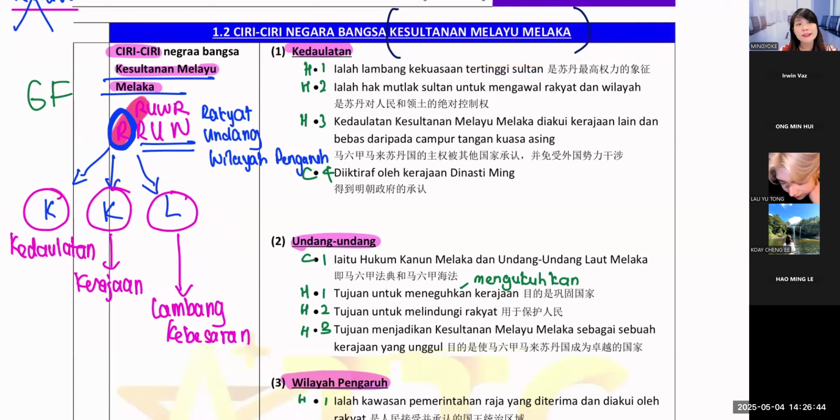Because their king have sovereignty, kedaulatan. Their king have kerajaan, government in charge. Their king have lambang kebesaran. Stronger than the original Ra, because this is KKL lah.